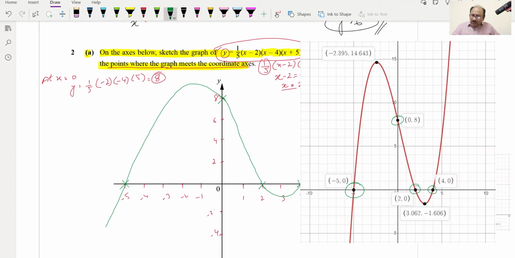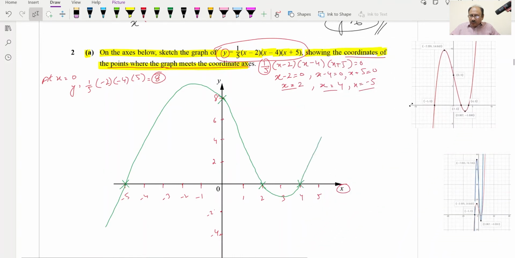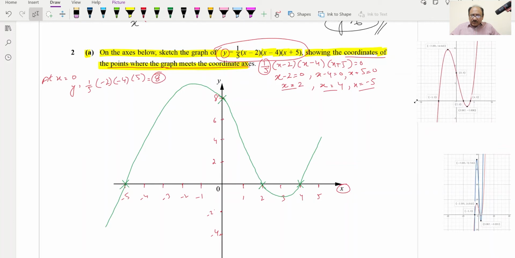In exam they don't need the perfect graph, but this is for your understanding, which you can use for your better understanding of transformation graphs and other sketching graph questions. It's better for you if you practice these types of questions from any software.